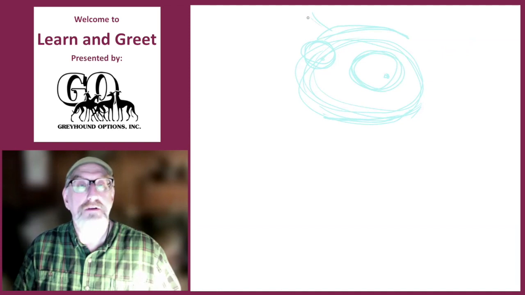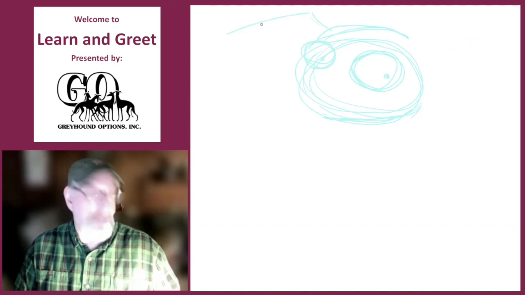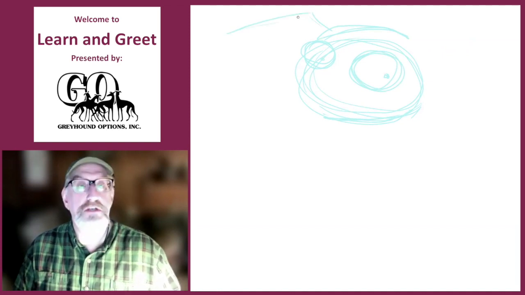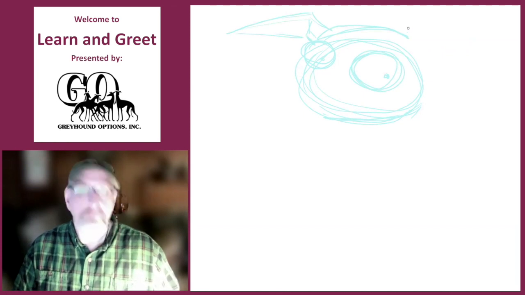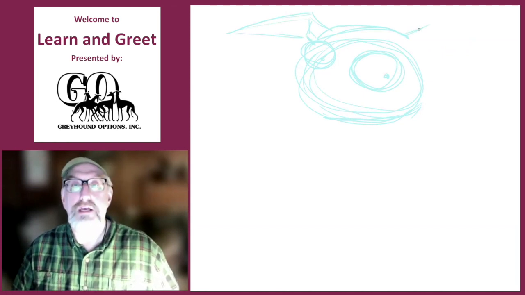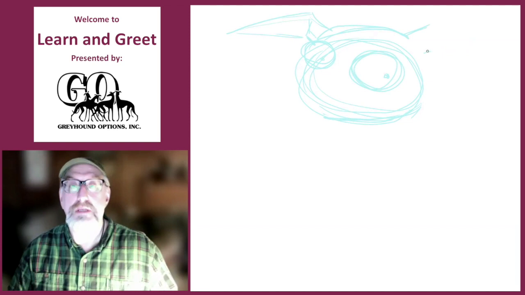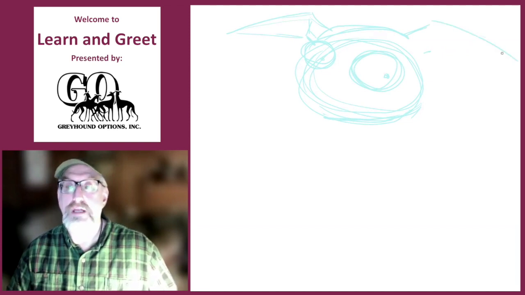The big floppy ears, we all know about those. Basically it's just shapes. It's a triangle and a little bit of an attachment here at the bottom. And then same thing on the other side. We're going to have our attachment and we've got a triangle here.